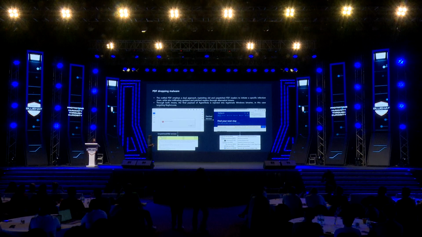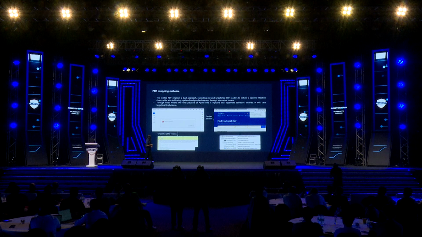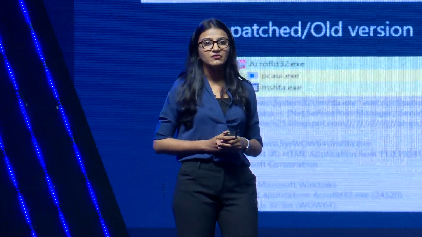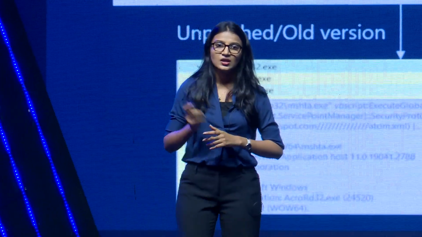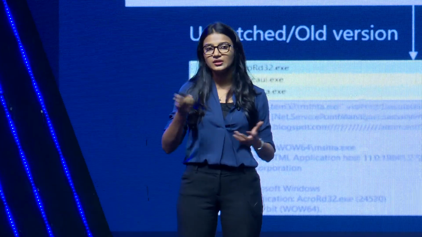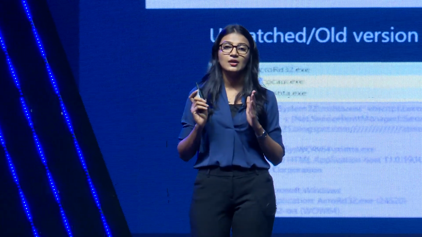So you see here, this is a reader, and on clicking the OK button, MSHTA is invoked, and the parameter is the entire JavaScript which is embedded in the PDF. It gets executed, connects to the remote location, downloads the payload, and injects it into regsvcs.exe. That is how it works in the unpatched version.